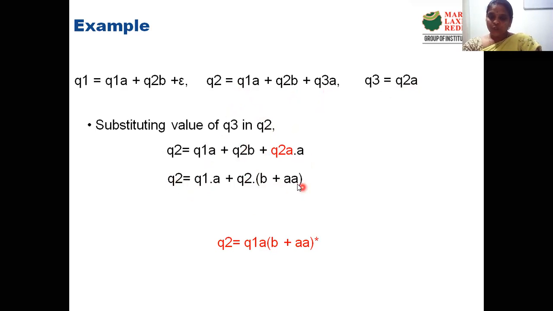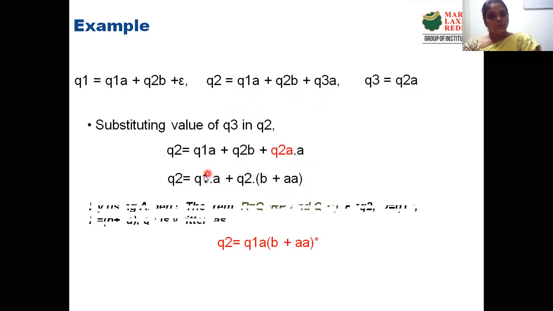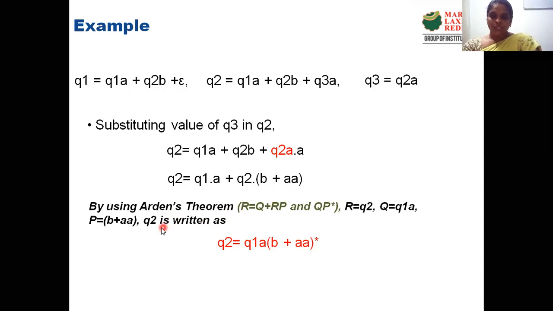Now if you make use of Arden's theorem, that is R = Q + RP, where R is q2, Q is q1a and P is b plus aa, then q2 can be written as QP star, that is q1 into a into (b plus aa) whole star. So now we have simplified q2 in terms of q1.